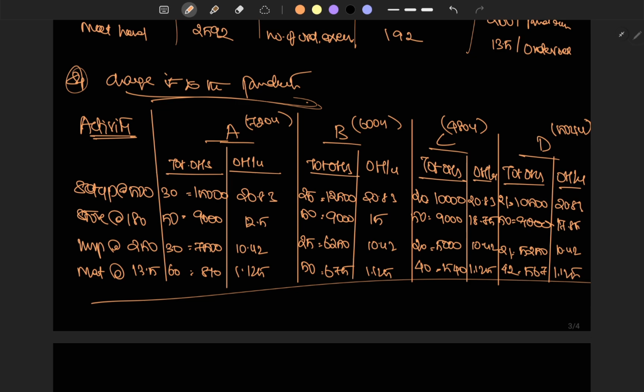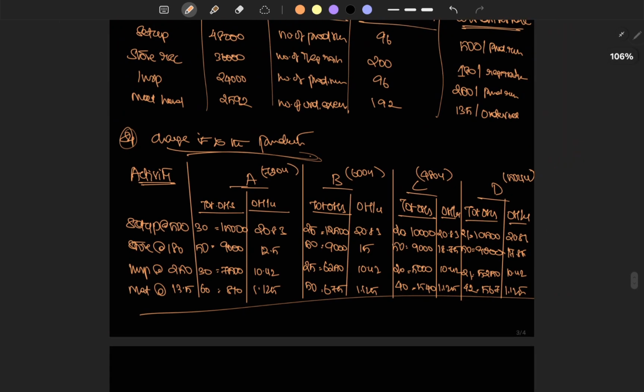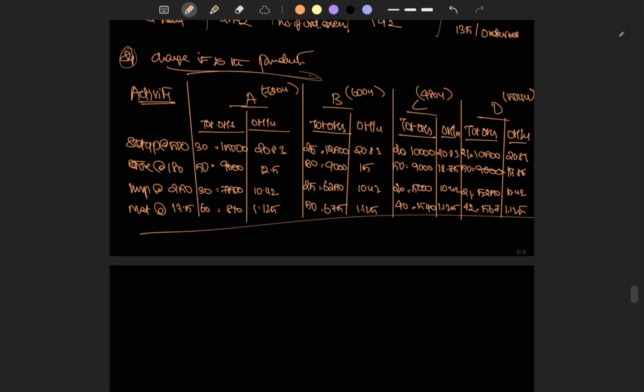So that's it. We have found every overhead per unit of every product. So let's plug the figures into the statement of total cost. Total cost per unit.